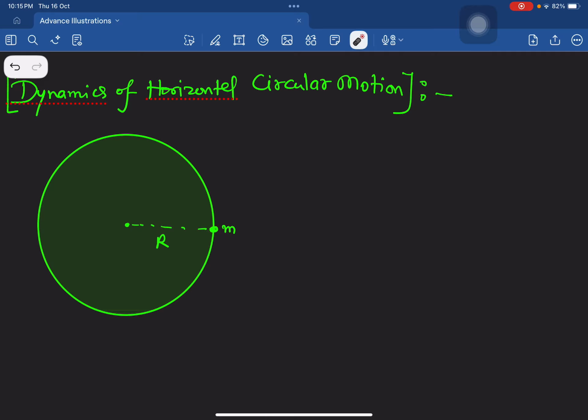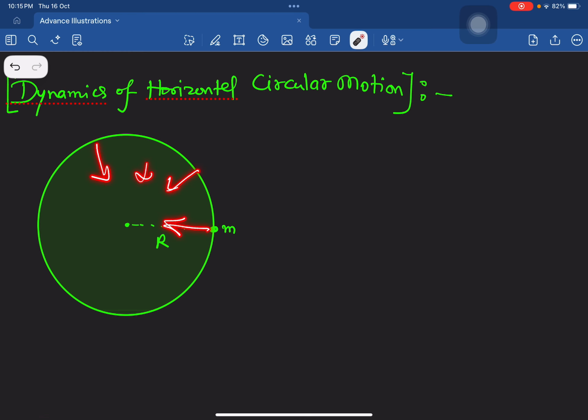Even if it is moving with uniform circular motion, it will have a centripetal acceleration. And if it is moving non-uniformly, meaning it has some tangential acceleration and its speed is changing, at every instant it will still need some centripetal acceleration.